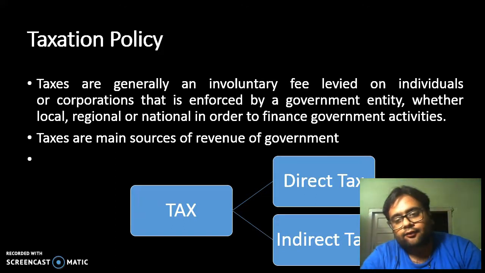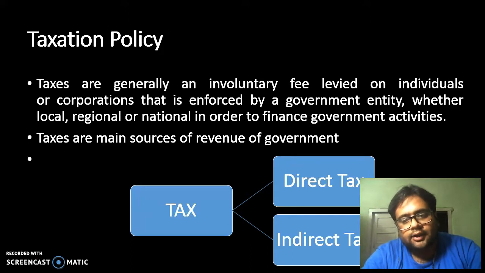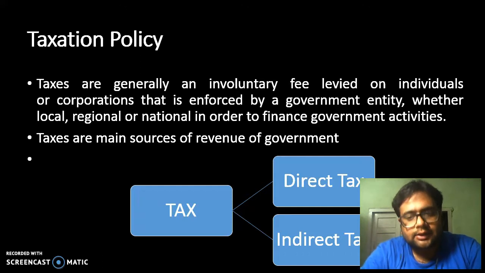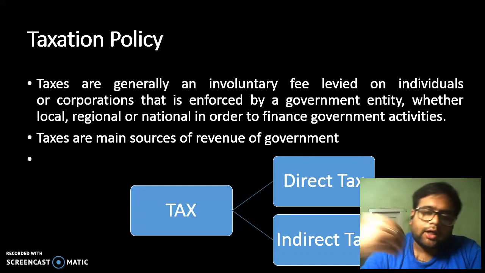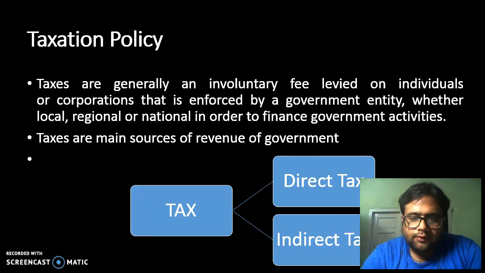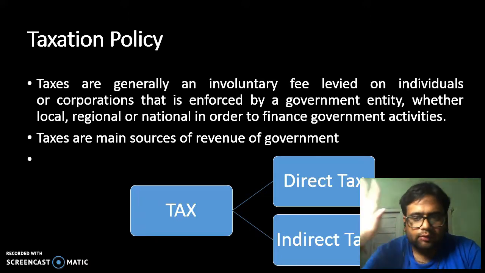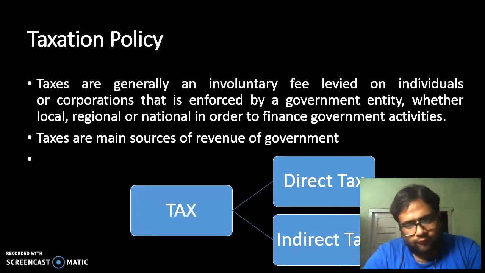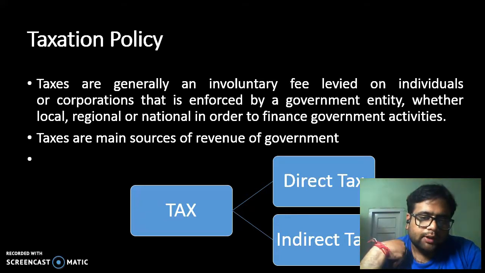Whereas indirect taxes, again very self-explanatory, are not directly paid by the assessee. Suppose I have gone to a restaurant, so I have paid the bill for the food I have eaten there, and then there comes the service tax for the service they have provided. Now I have consumed that service, but I am not paying that service tax directly to the government.